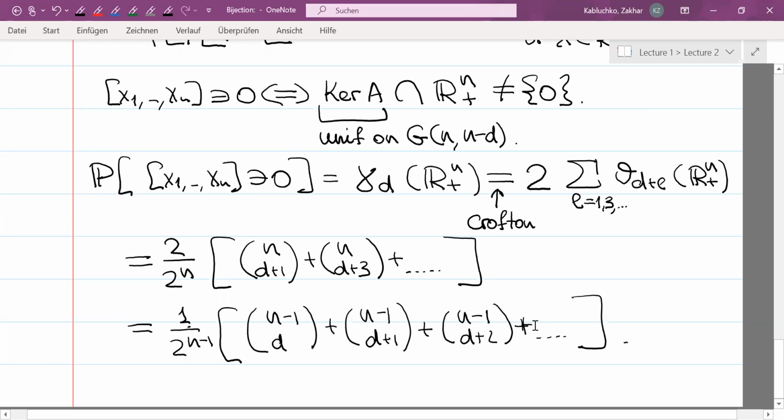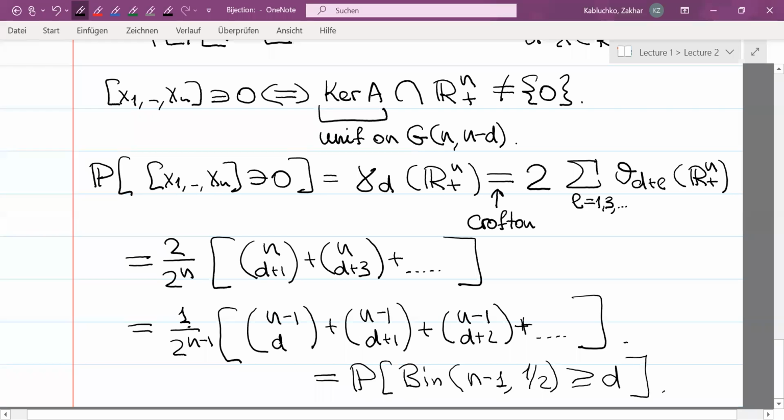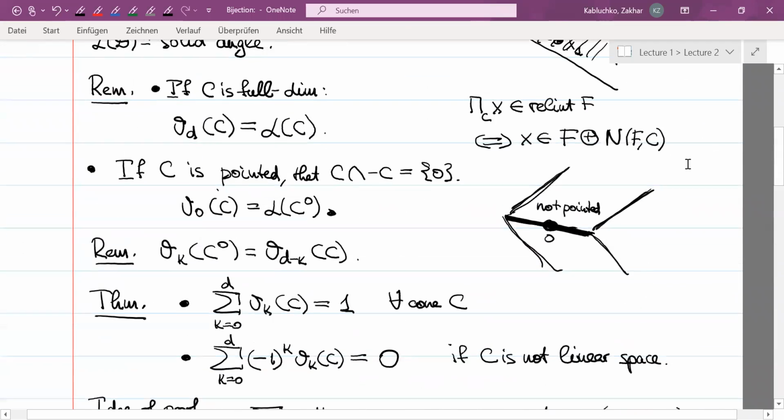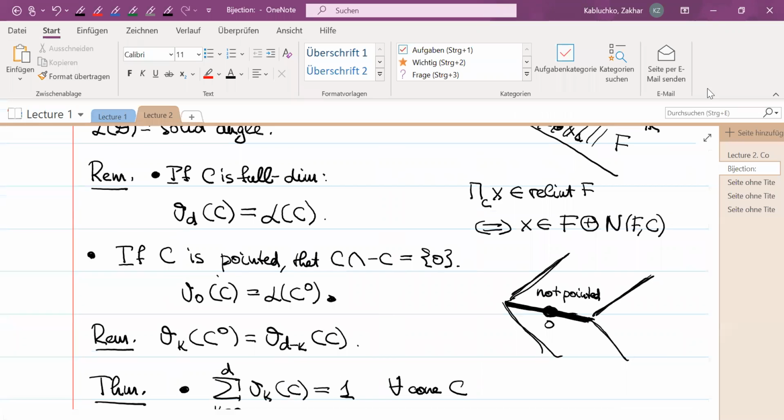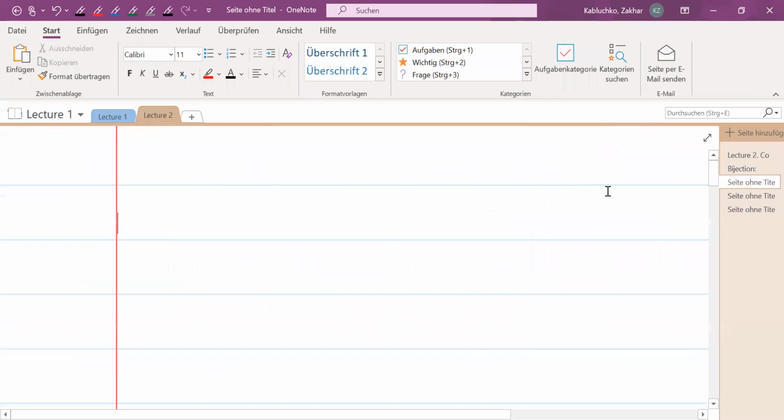So essentially it is the probability that a binomial random variable with parameters n minus 1, 1/2 is greater or equal than d. And unfortunately, we have to change the page, but one can now do the following nice observation, or let me ask you a question now.